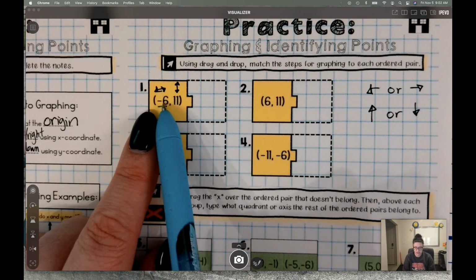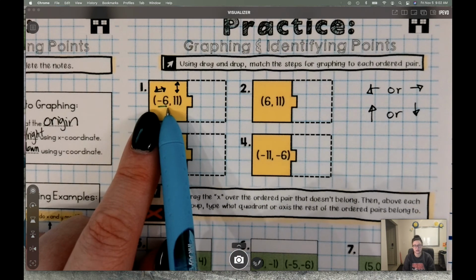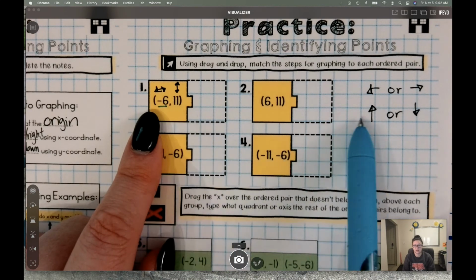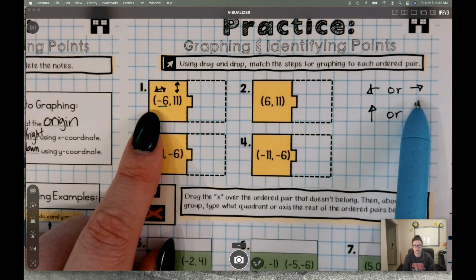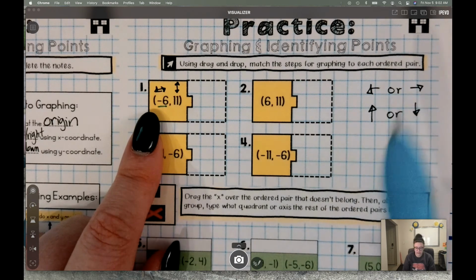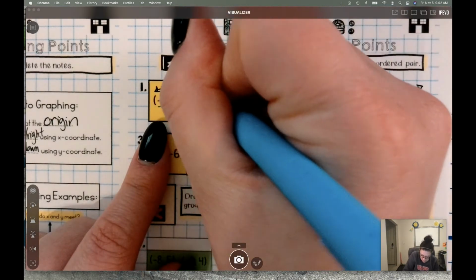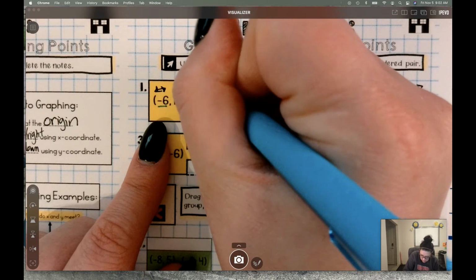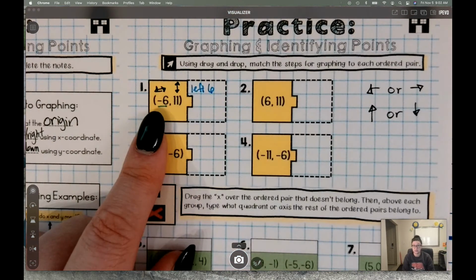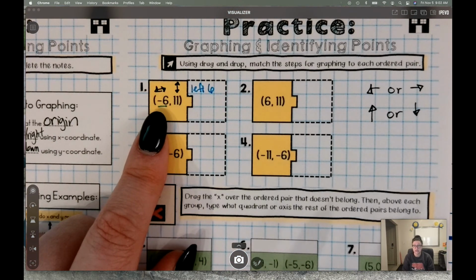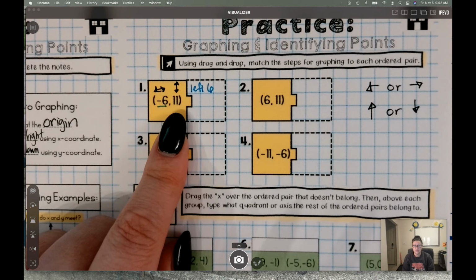If I go side to side -6, what would that be? Am I going to the left or to the right 6? I'd be going left 6 because it's negative. And then am I going to go up 11 or down 11?